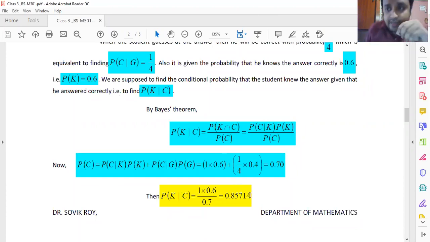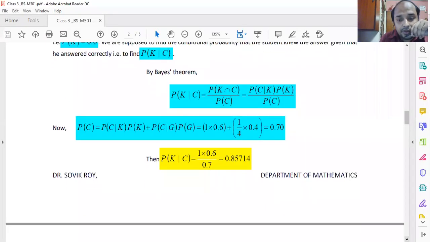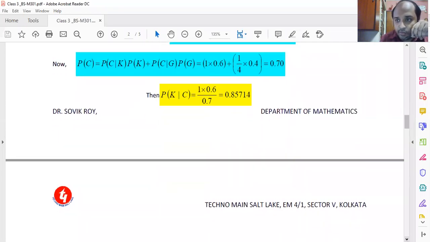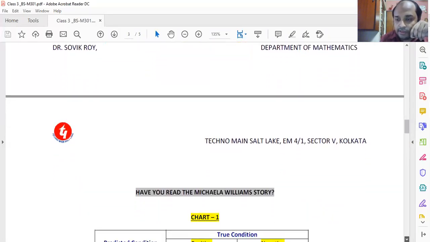That is an approximately 85% chance that the student knew the answer given that the answer was correct. That's why I told you you are very good students, because there is an 85% chance that you answered it correctly by knowing it. So thus we apply Bayes theorem in this particular problem.